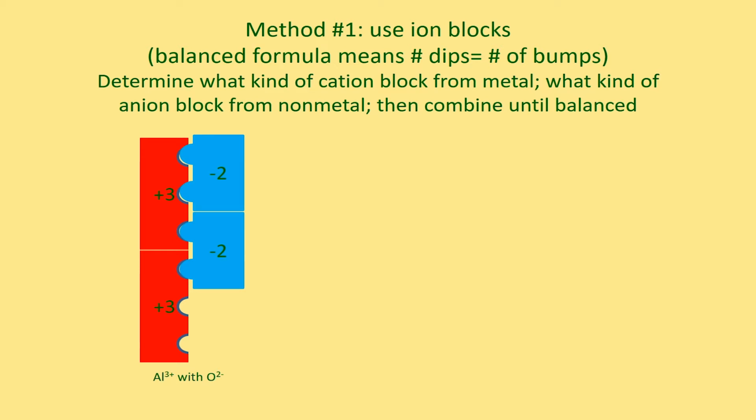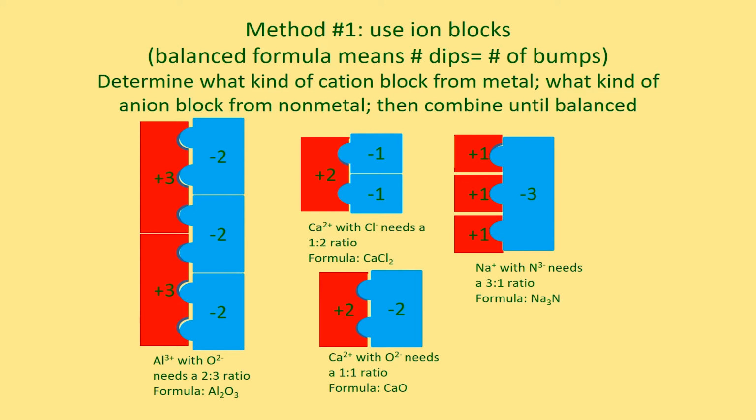We add another positive ion block, and we need one more ion block to finish. When we're done, you can see that we have 2 aluminum plus 3 cations and 3 negative 2 oxygen anions needed to make a neutral compound. That gives us a ratio of 2 to 3 and a formula of Al2O3. You can see a couple other examples here on the screen.